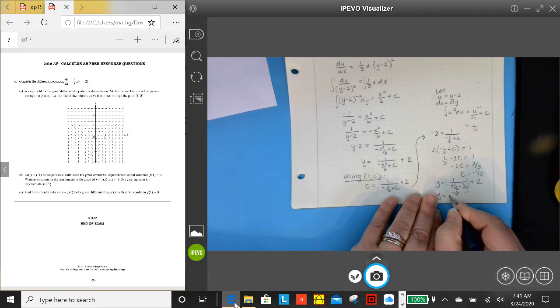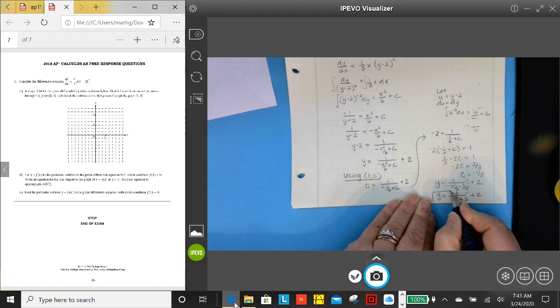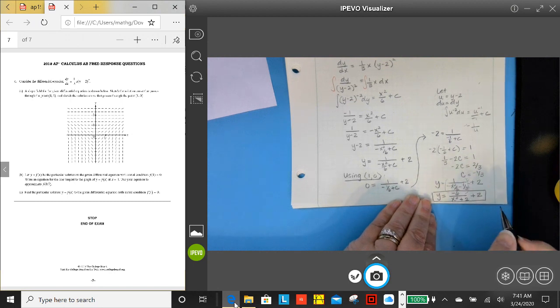So negative 6 over, and this would just be x squared plus, because I got rid of the negative, 6 times a third, 2, plus 2. So this here would be my solution to my differential equation. Now, on the AP exam, I believe that this expression right here above it would be just fine if you left it like that without doing this. But I was uncomfortable with the double-decker fractions.